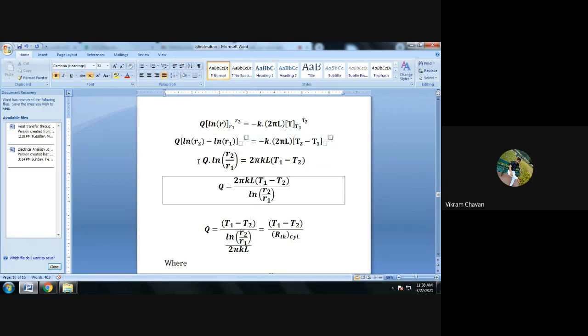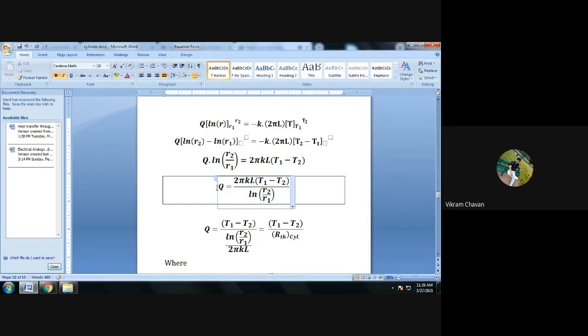We have to determine the heat transfer rate, so we have to convert this equation into the form of q. For that purpose, this ln term we have to shift to the other side.